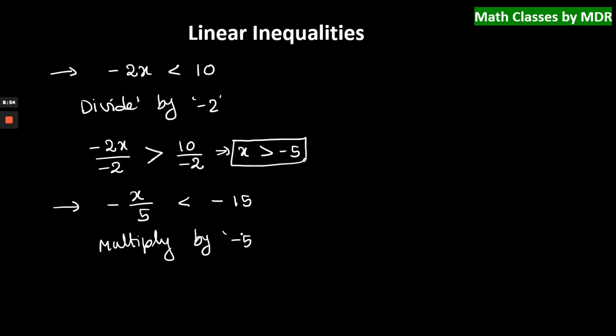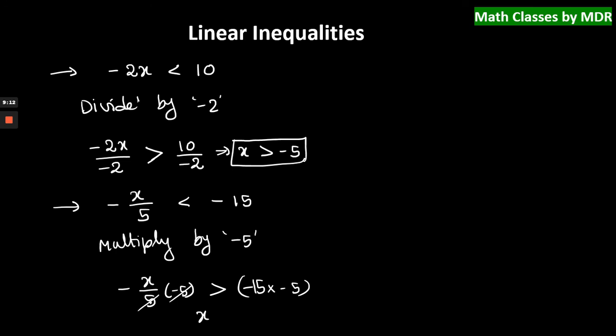When you multiply by minus 5, the sign again changes. It becomes greater than, and minus 15 into minus 5, so that x is greater than minus 15 into minus 5.